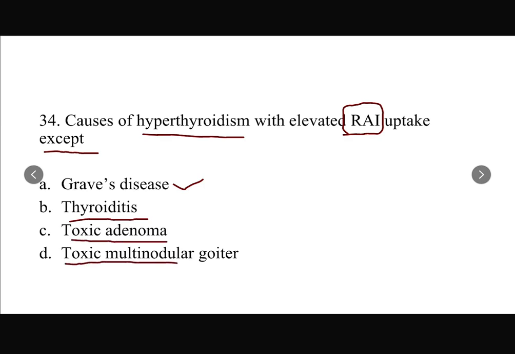Toxic adenoma and toxic multinodular goiter also result in hyperthyroidism, and there is increased activity in the thyroid gland for the production of more and more thyroid hormones. Iodine is taken up, so the iodine uptake will be elevated, but not in thyroiditis. Thyroiditis is nothing but the release of previously formed hormones due to inflammation. So they result in hyperthyroidism with no elevated radioiodine uptake.